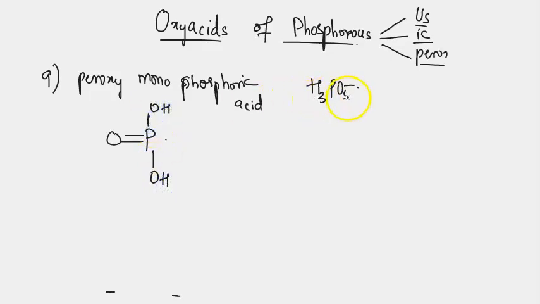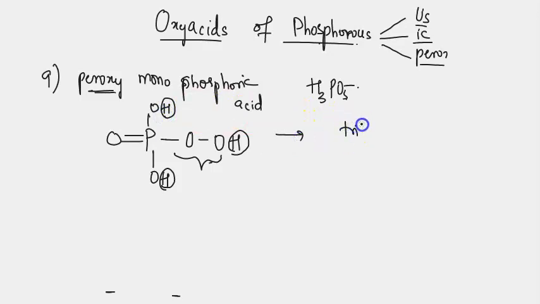Since there is an odd number of oxygens here and only one phosphorus, we can expect a peroxy linkage where oxygen and oxygen are bonded. Due to this peroxy linkage, this compound is called peroxymonophosphoric acid, and there are three hydrogens connected to oxygen directly, and hence this compound is a tribasic acid.